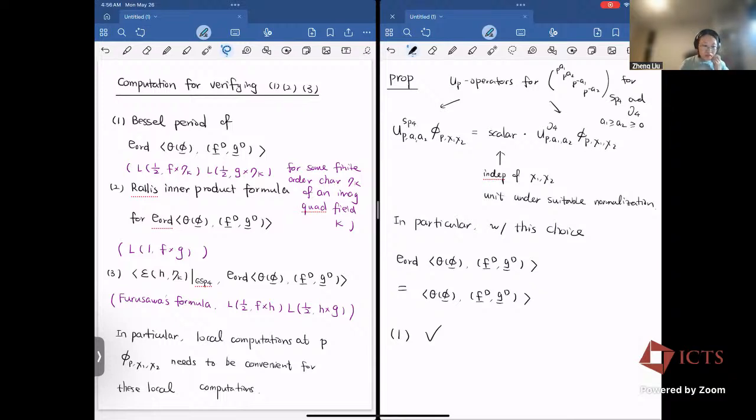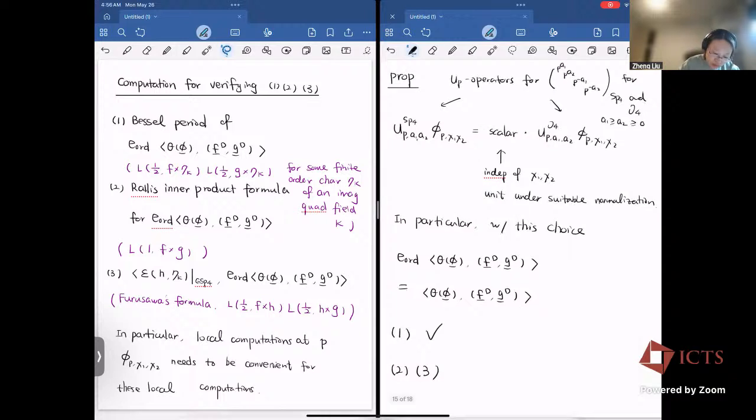And okay, so it seems I don't have much time. Then maybe I will just skip some details about 2 and 3. So for 2 and 3, this choice is also kind of convenient, and so we can do this 2 and 3 by direct computation.